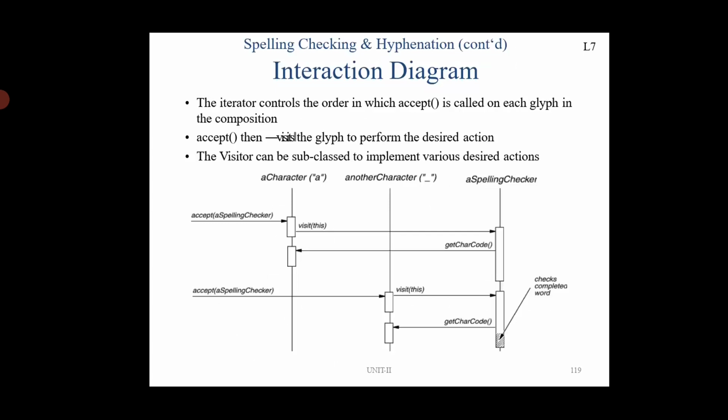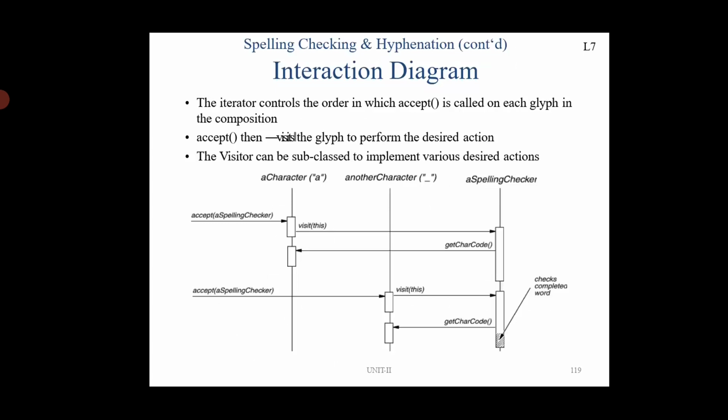Okay, now we are studying the interaction diagram, how the interaction diagram explains this. Listen carefully. The iterator controls the order in which the accept function is called on each glyph in the composition.